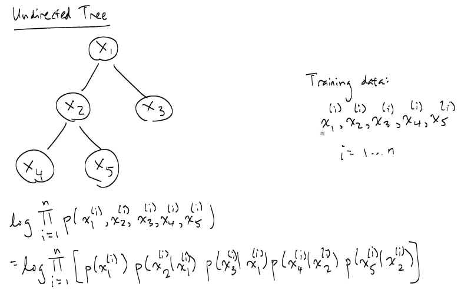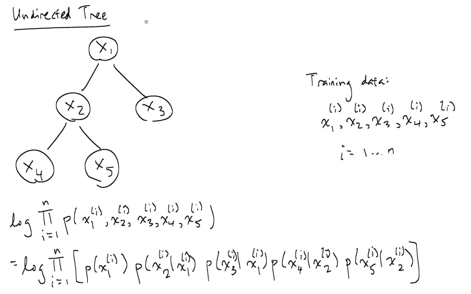Again, the ith training data point consists of observed values for all the random variables in the graphical model, so x1 up through x5 in this case, and we're going to assume once again that we have i going from 1 up to n. Here we're going to choose arbitrarily a root for this tree, where we're just going to pick x1, and by doing that, it means that we're going to learn the following tables.